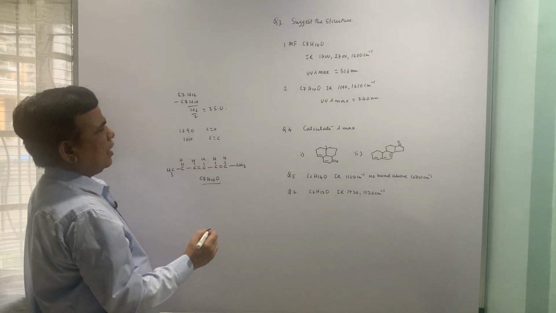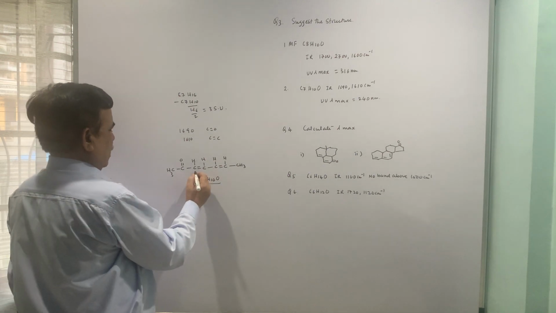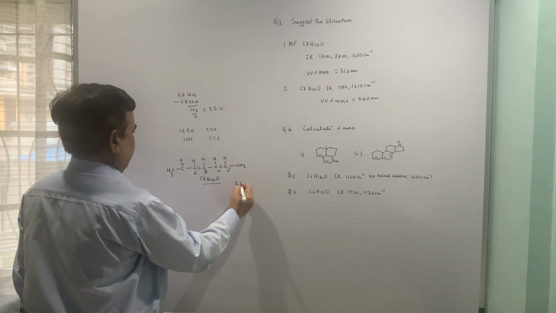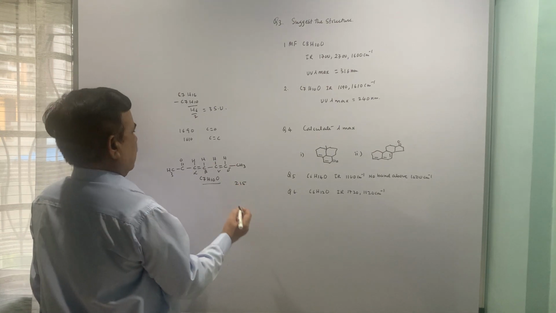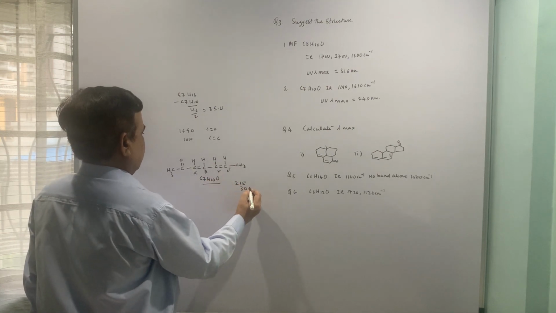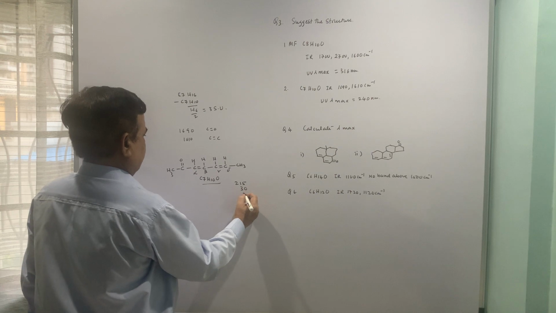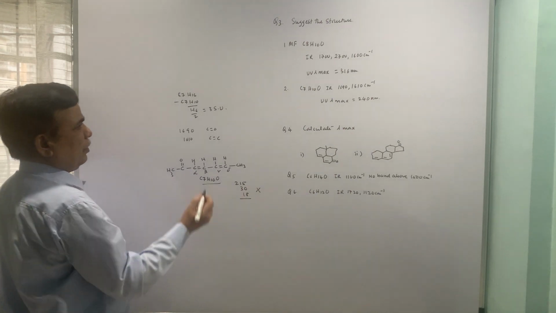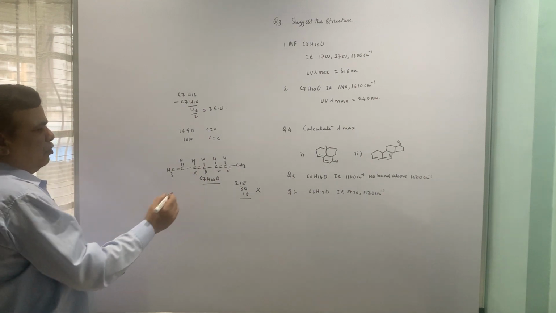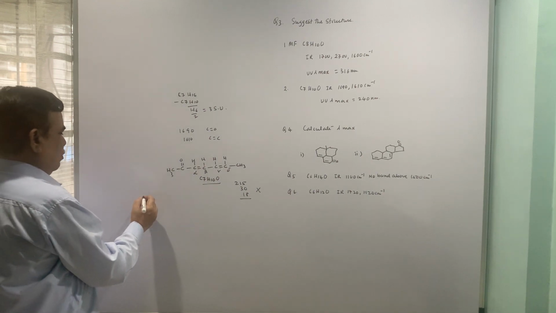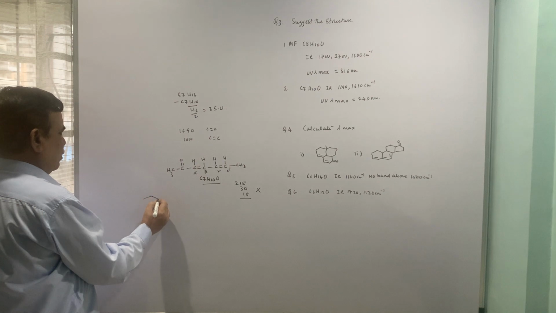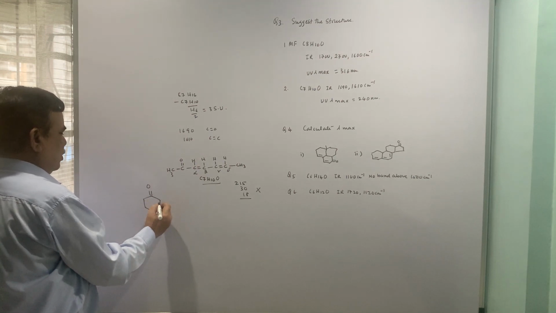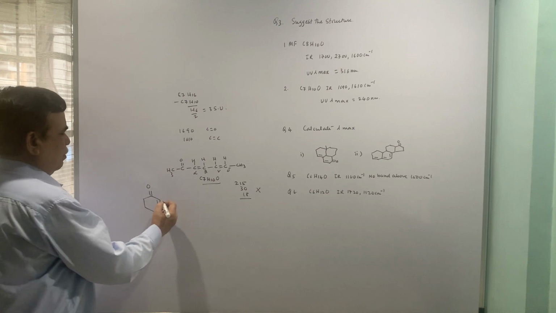By default it is there, but alpha, beta, gamma, delta, 215, then 30 for extended conjugation, and 18 for the next. So this is not matching with the given number. This is going higher.